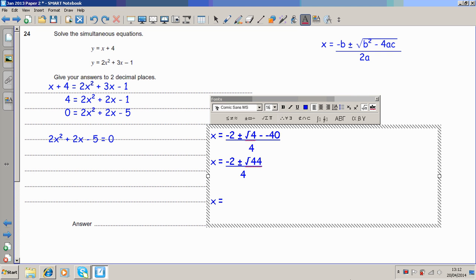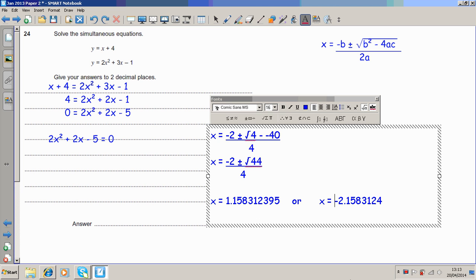So now to get our answer, we're going to do two things. So we've got minus 2 plus root 44, and divided by 4 is going to be 1.15831295, or if we take it away, so minus 2 minus root 44 and divide by 4, then we get minus 2.1583124.